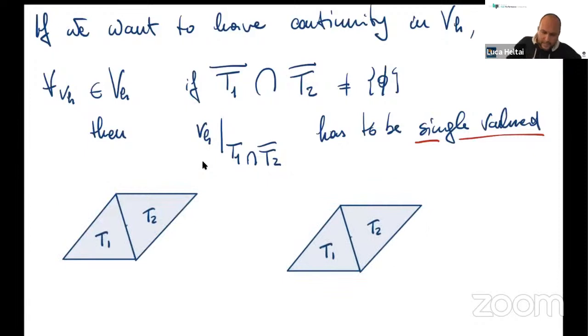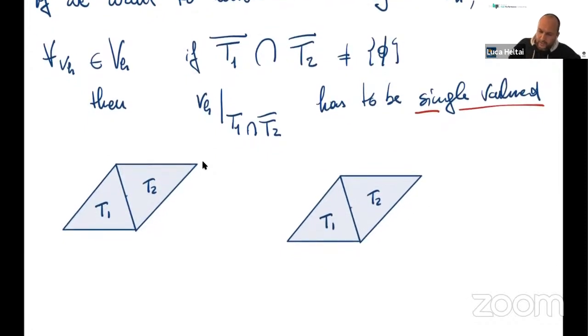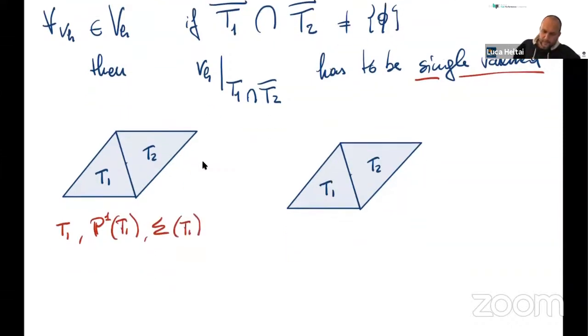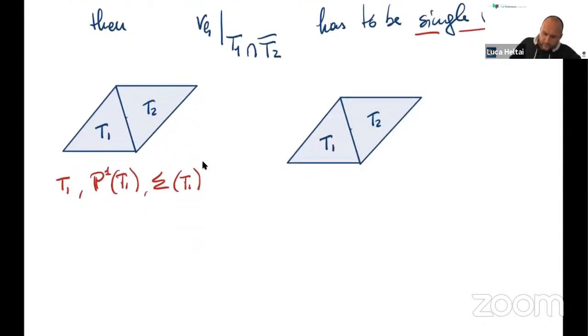And let's try to understand how you can choose support points. Say for example that we have T1, and we want to construct polynomials of order 1 on T1, P1 of T1, and let's assume that we want the same thing on T2, P1 of T2.